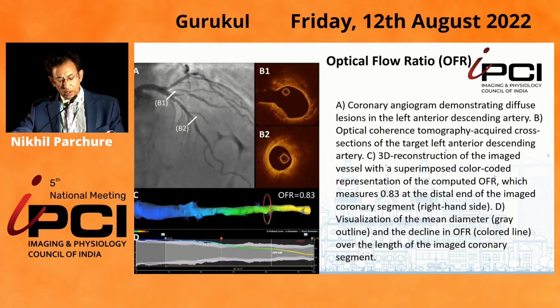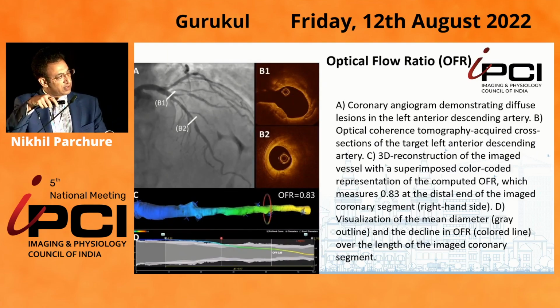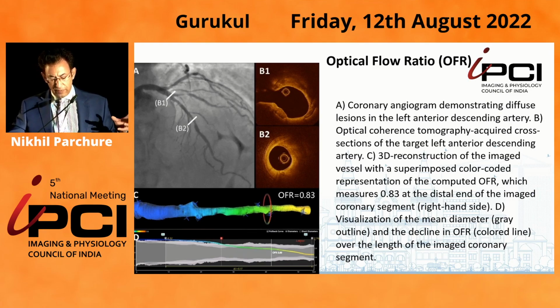What is optical flow reserve? This is the LAD. Diffuse lesions in the left anterior descending artery. Optical coherence tomography acquired cross-section of the target lesion here, and a 3D reconstruction of the imaged vessel with a superimposed color-coded representation of the computed OFR.